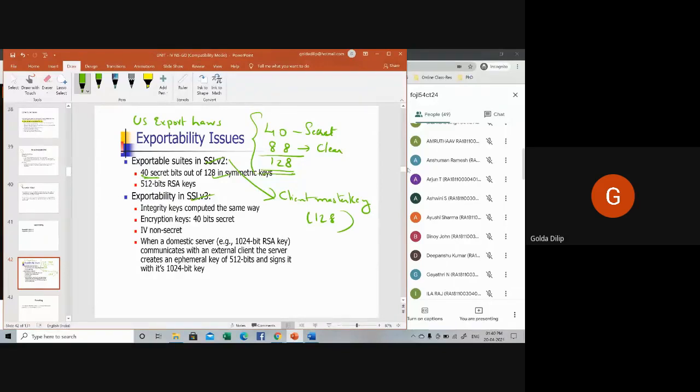But though you call it the client master key, only 40 bits are kept secret. The remaining 88 bits are actually plain text. This client master key is the key which is used to produce your session keys and other things.